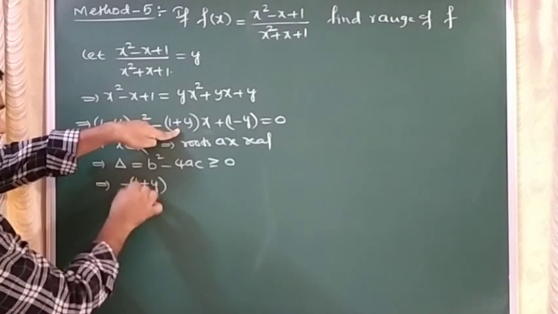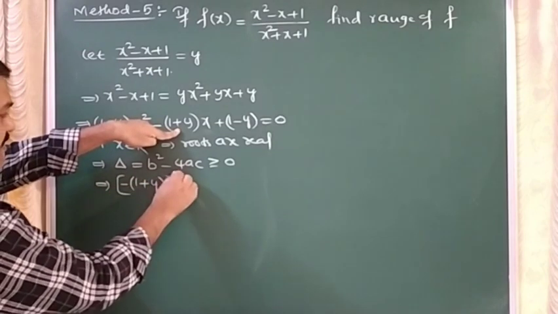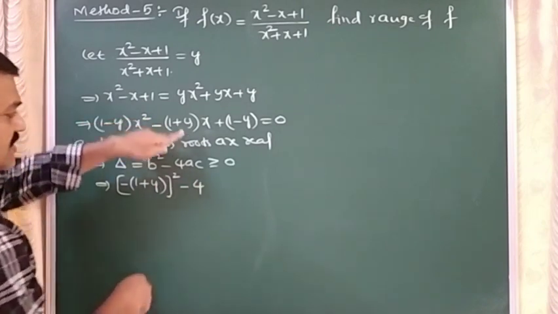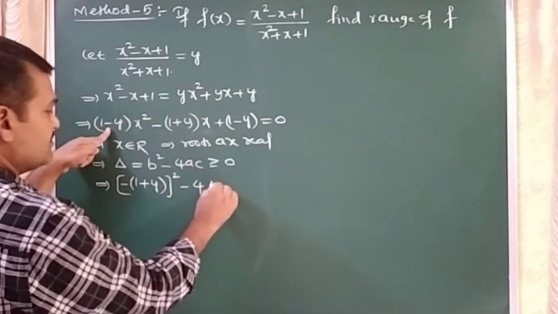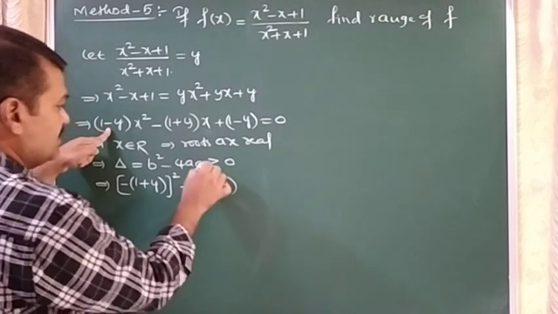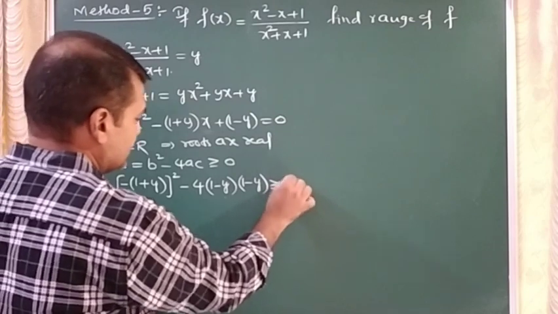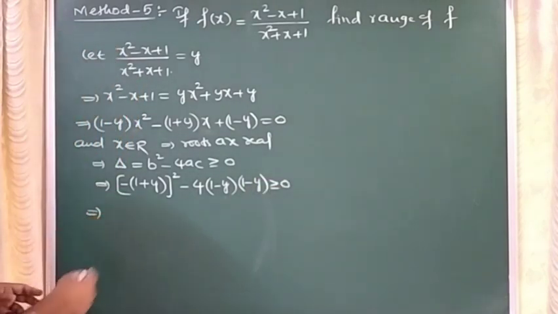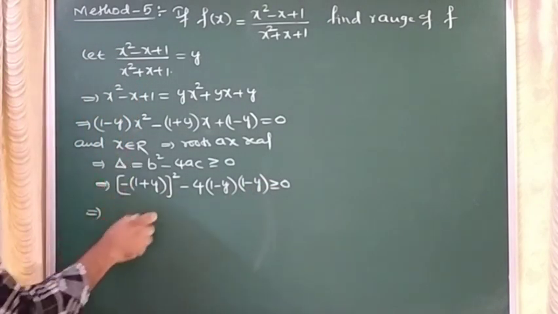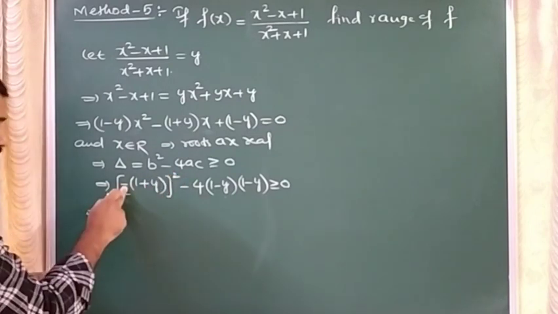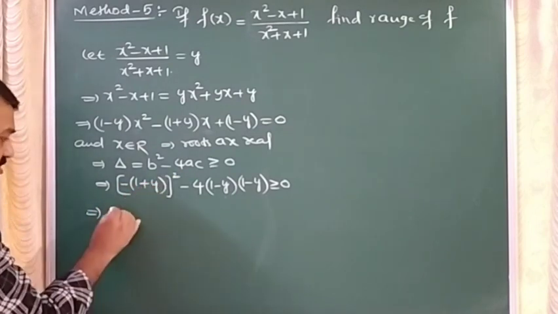B is coefficient of x, minus of 1 plus y. A is coefficient of x square. C is constant term. Okay, whole square, minus sign we can remove because we have whole square. So 1 plus y whole square.